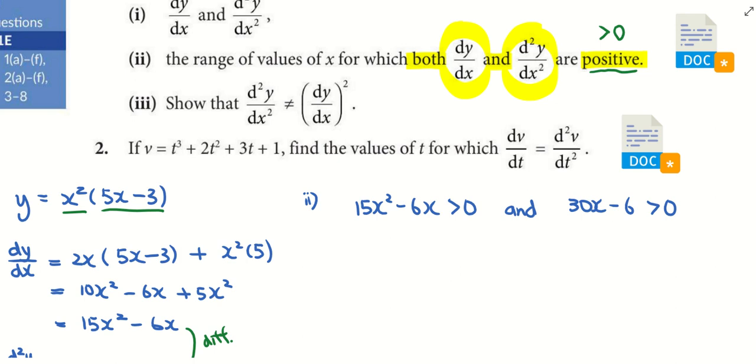And remember inequalities, remember how to solve? The first inequality, 15x squared minus 6x, you cannot do by normal equation solving. If it's a quadratic, you must remember quadratic inequalities. So for quadratic inequalities, please factorize.